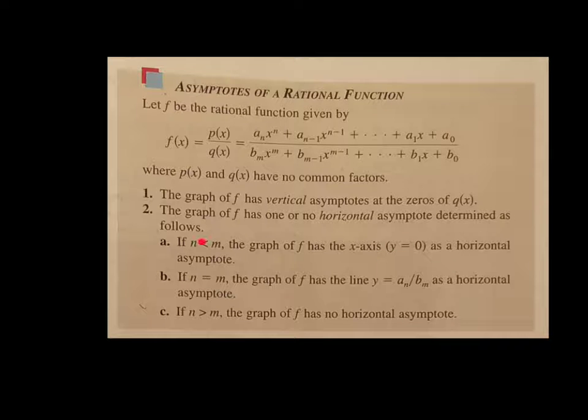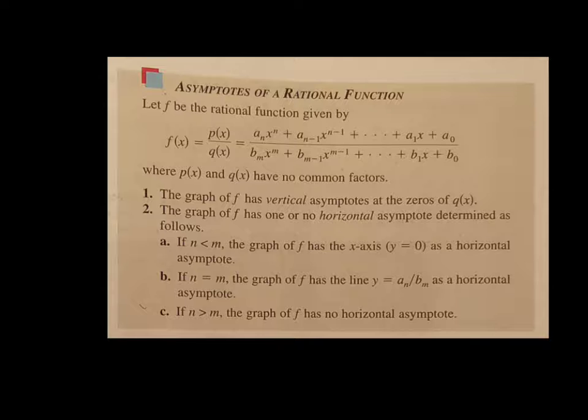So what they're saying is, if the degree in the numerator is less than the degree in the denominator, so the degree in the denominator is the biggest, then we're going to have a horizontal asymptote at y equals 0, which is the x-axis. That's all it's saying. So again, if the degree in the denominator is bigger than the degree in the numerator, you have a horizontal asymptote always at y equals 0.